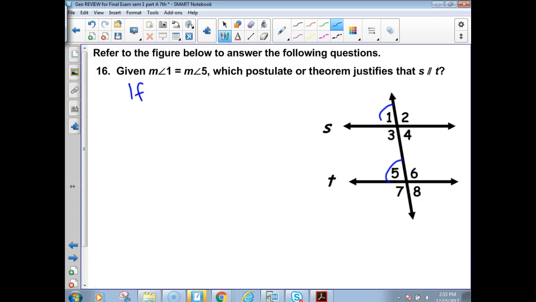Well, if those angles are congruent, then we have parallel lines. So what kind are they? Yep, so if corresponding angles are congruent, then we got parallel lines. That is the converse of the corresponding angles theorem or postulate. So I didn't like the answers because they didn't say the converse. So if you wrote corresponding angles theorem converse, then that's the same thing.